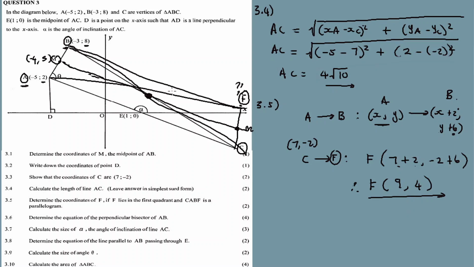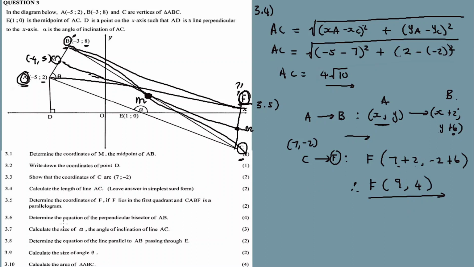By using B and C, I can find the midpoint where the diagonals intersect. After I get the midpoint, I can use A and this midpoint to calculate the coordinates of F. I was just giving you a different perspective. Try that method and you get the same answer as this one.